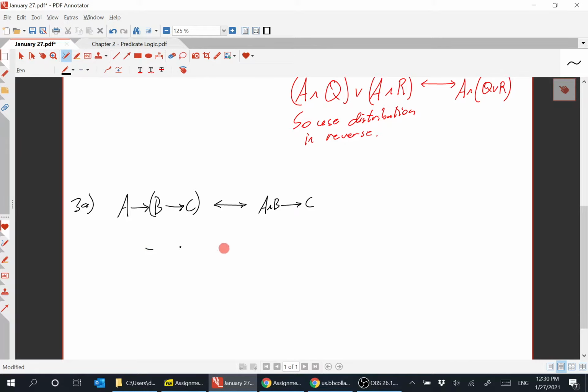So A implies B implies C. Implication twice. So the B implies C and the A implies whatever. This becomes A naught or B naught or C.